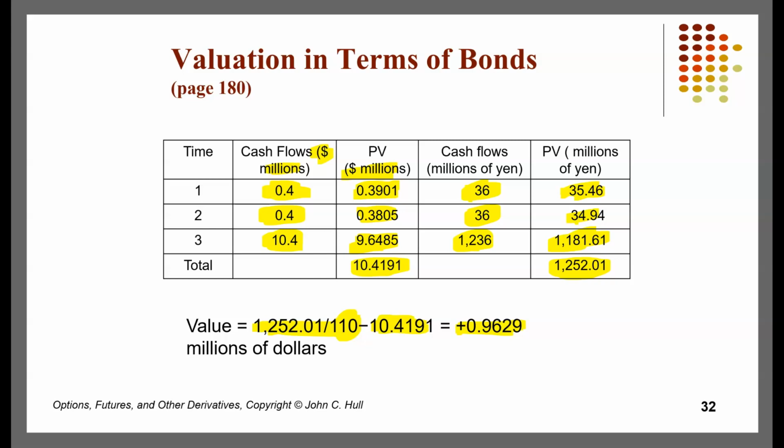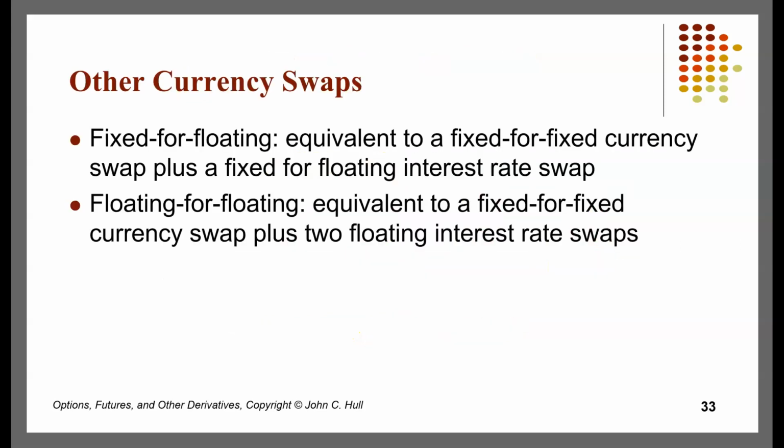Now there are other types of currency swaps that exist out there, and we're going to start talking about a few of those and wrap up our discussion here in a few minutes. Alright, so the currency swaps that we've been playing with so far was a fixed for fixed currency swap. Of course, as you can expect, we can have a fixed for floating currency swap.